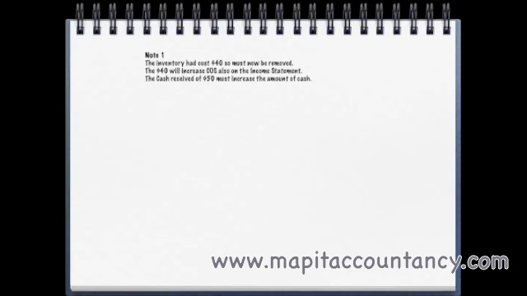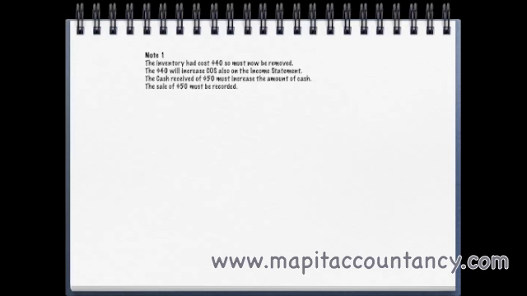Don't forget the cash received of $50 must increase the amount of cash also. So we received cash of $50. That will increase the amount of cash that we have within the business. And of course, we need to record that sale of $50. So we'll need to show that as a sale on our income statement.